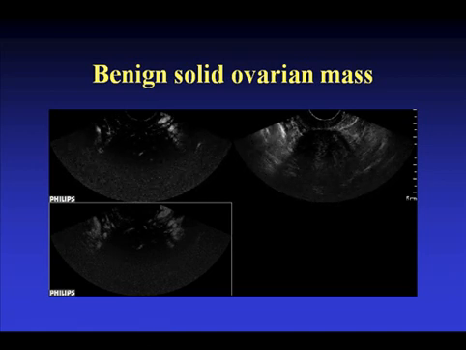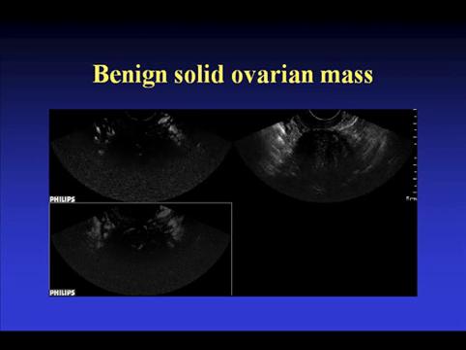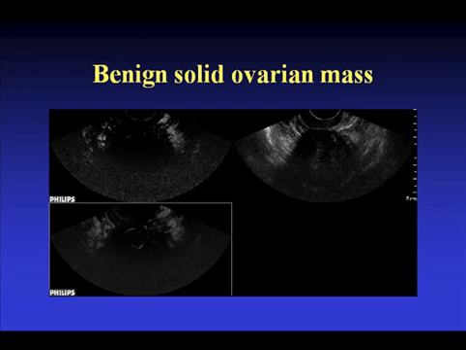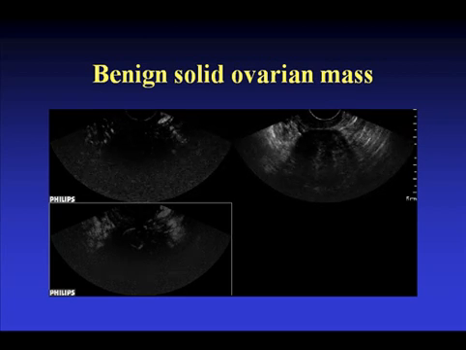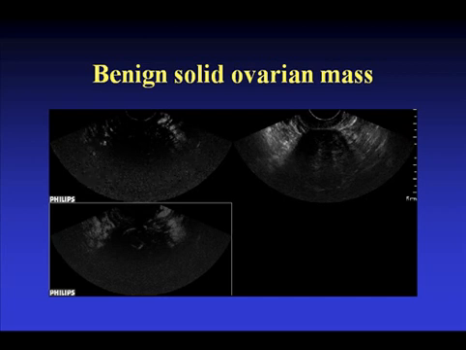This was a fibroma. We'll see that the ovarian cancers, in fact, have significant enhancement. But this lesion, although it was suspect for cancer, had very little or no vascularity.